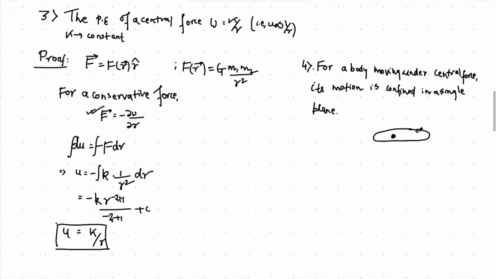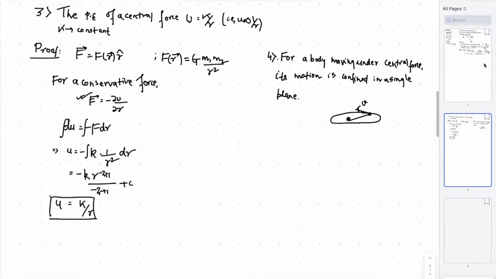Here the velocity at a particular point will be tangential, and the force will always be directed towards the center. So this lies in the xy plane. We know L is constant, and this is confined in a plane. So whenever we are talking about a central force, the motion will be confined in a plane. So that's important.